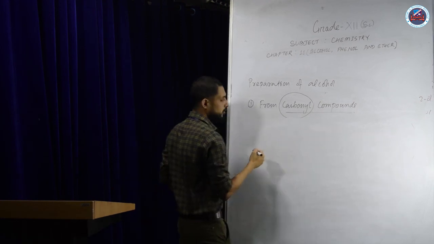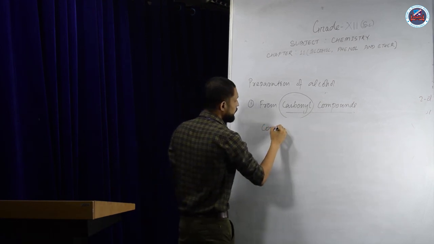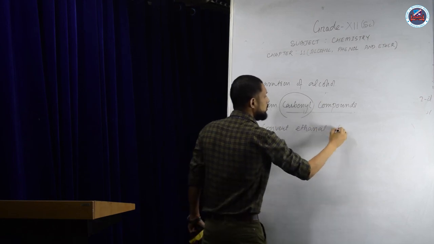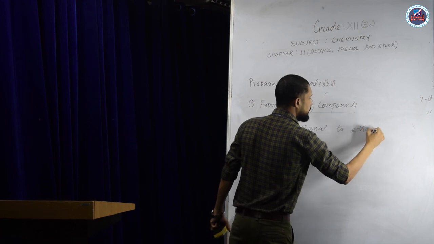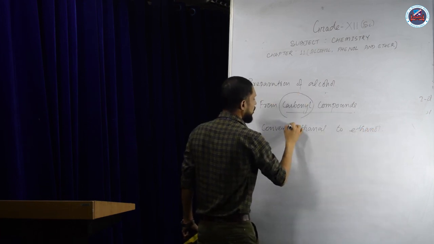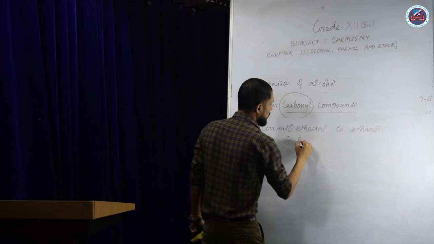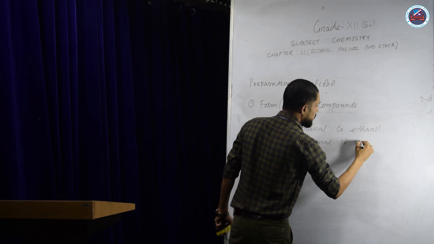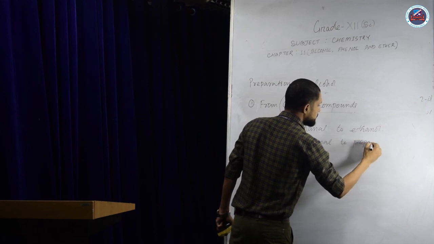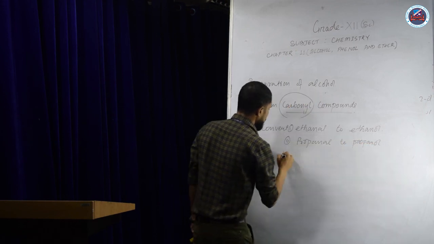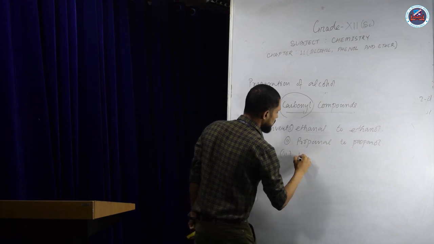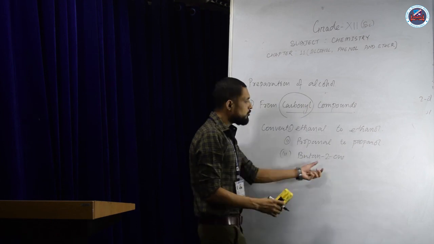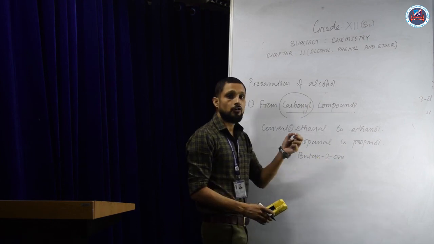So from this topic you will get questions like convert ethanal to ethanol, or convert propanone to propanol, or convert butan-2-one. Now in butan-2-one, 2 is the position of the carbonyl group.